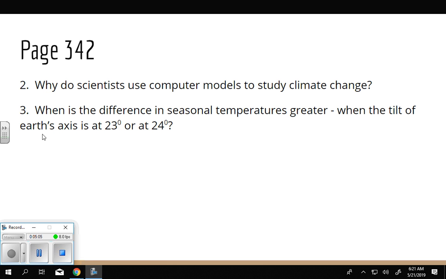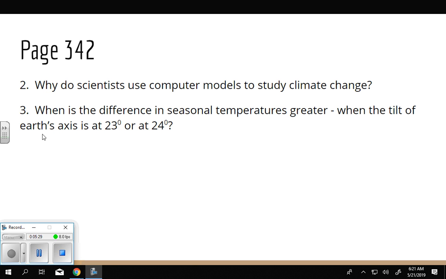Climate models can simulate temperature, precipitation, wind patterns, and sea level changes. As computers become more powerful, climate models will provide more useful information about the global climate system. Why do scientists use computer models to study the climate?